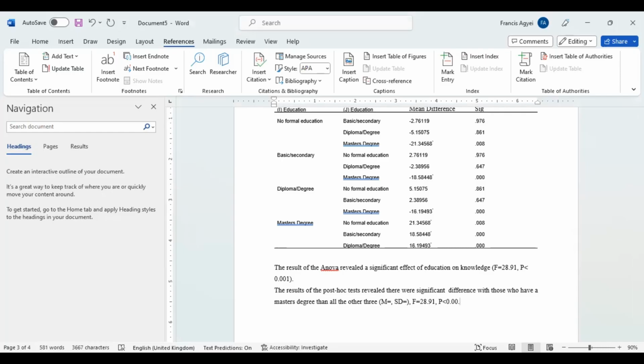So this is how you interpret the results. But we can also go through each of them.